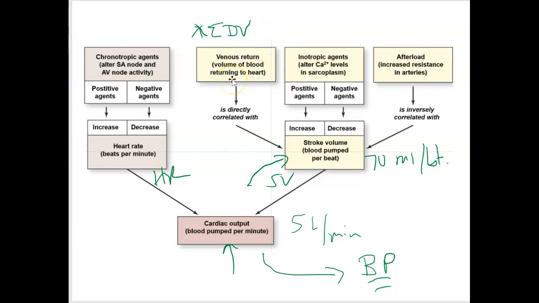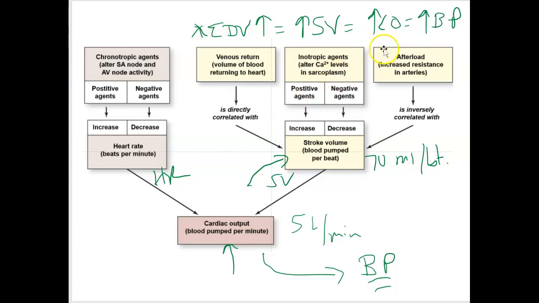So we talked about a bunch of factors that affected our venous return, and we also mentioned the filling time. And we know that EDV is one of the most important factors affecting stroke volume. We said it was a direct relationship. So if your EDV goes up, so does your stroke volume. And if your stroke volume goes up, so does your cardiac output, which ultimately raises our blood pressure.